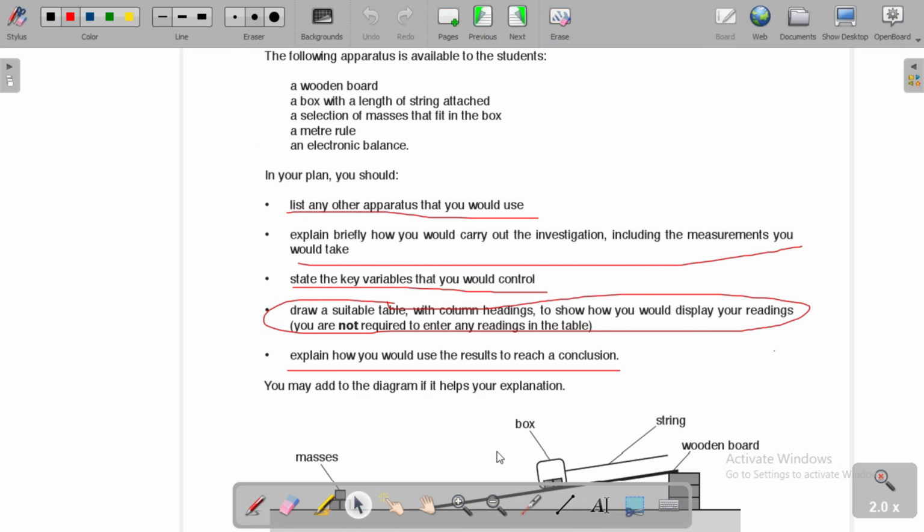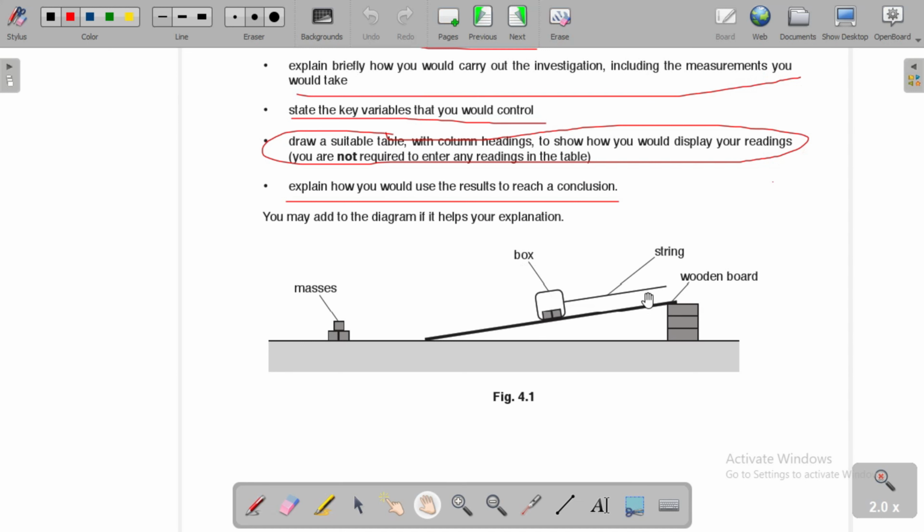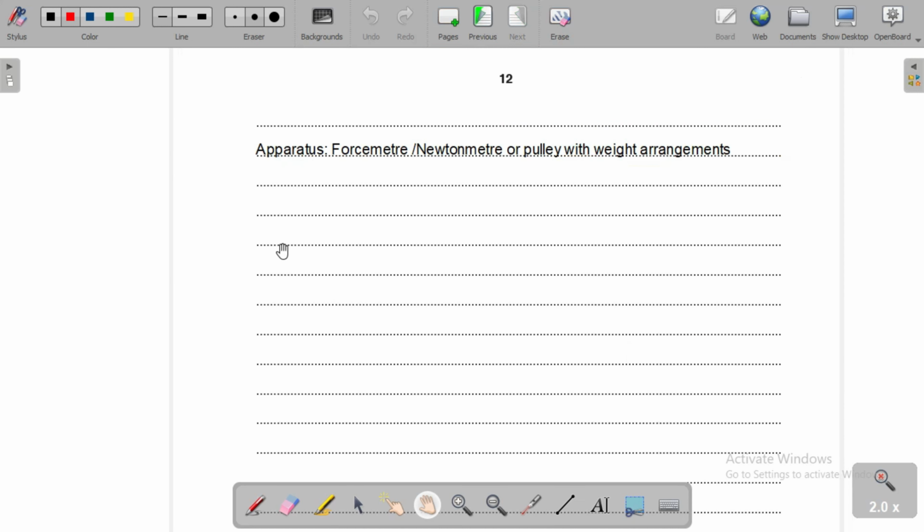So let's go to the second question. Explain how you would carry out the investigation, including the measurement you would take. If you look at this, there is a string here. So you start by adding a mass into the box, then attach the force meter or Newton meter to the string and pull up the slope at a certain distance. Let me quickly put that here.